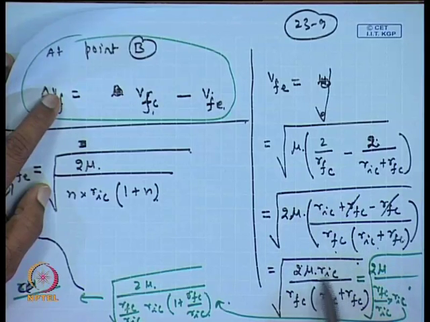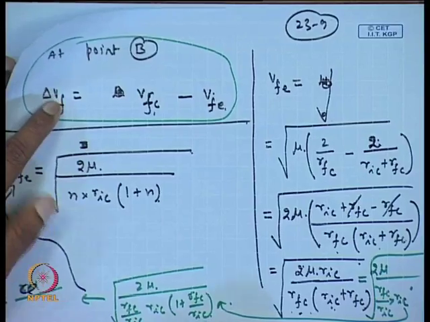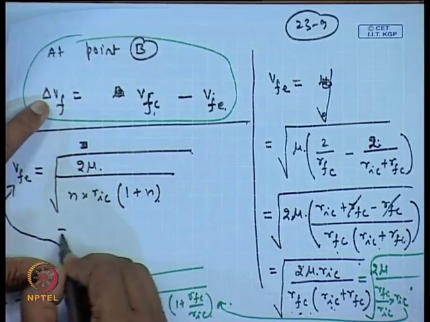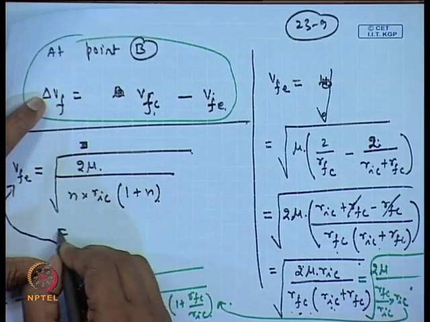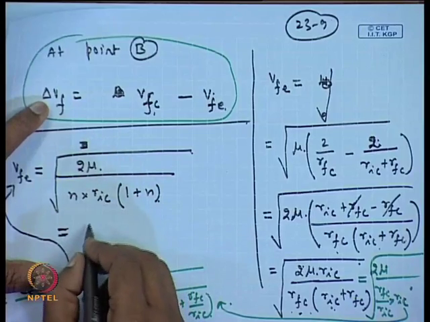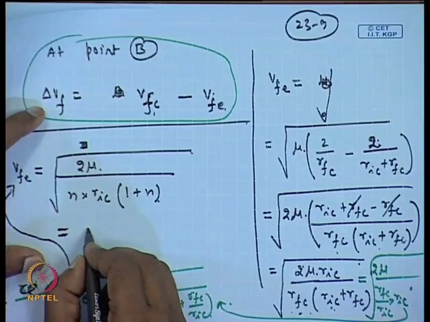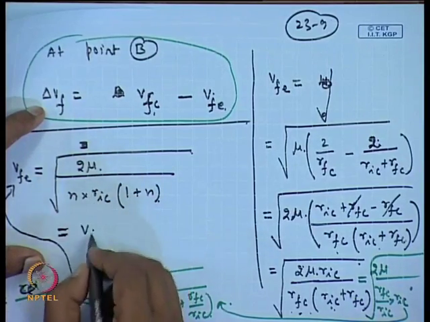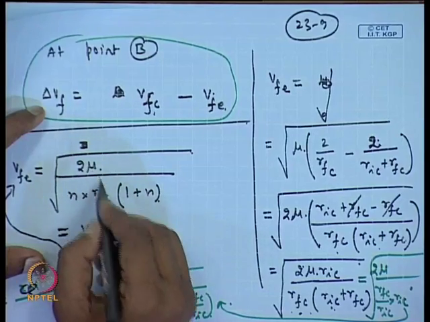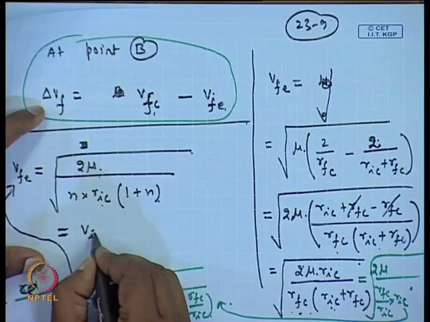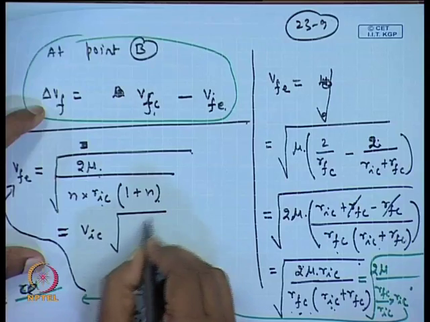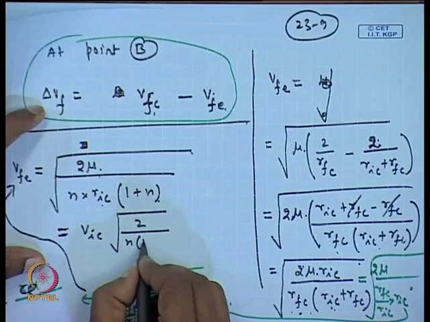So, 2 mu by R I c, and mu by R I c is nothing but, we have already written this, this is our V I c under root, and then we will have 2 times n times 1 plus n.